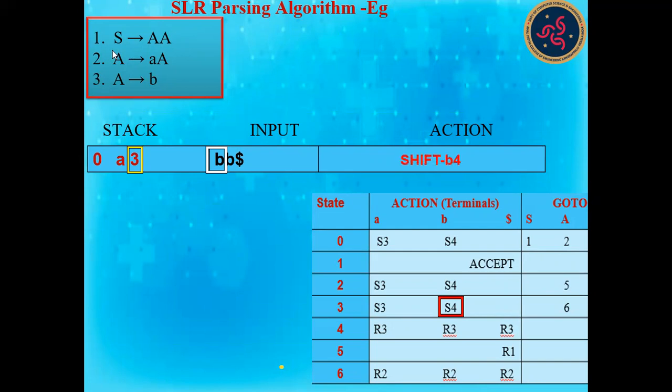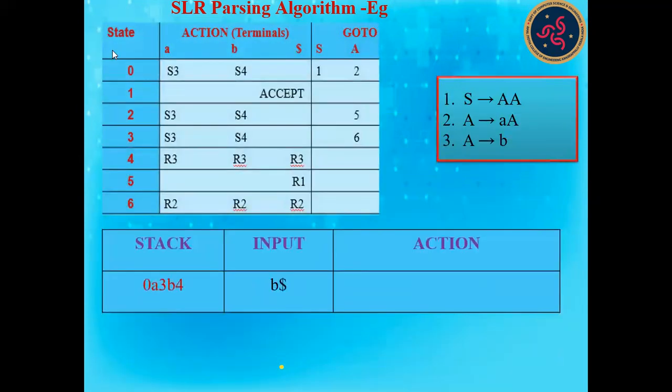So now your stack will be 0, A, 3 and B4. The input buffer will be having only B and the dollar symbol. Now your stack top is 4 and your symbol is B, right? So at the state 4, when B comes, what do you have to do?